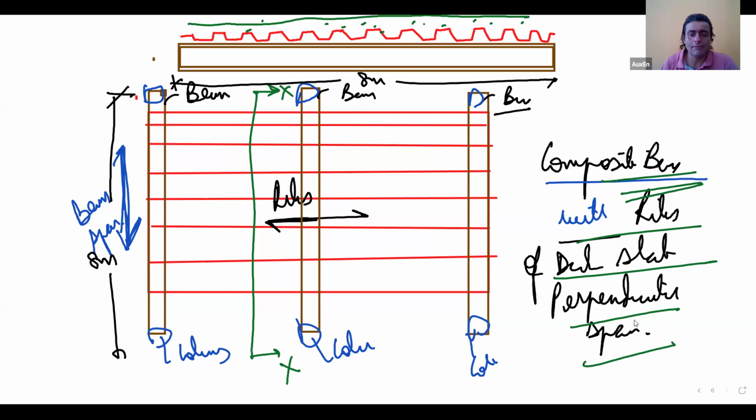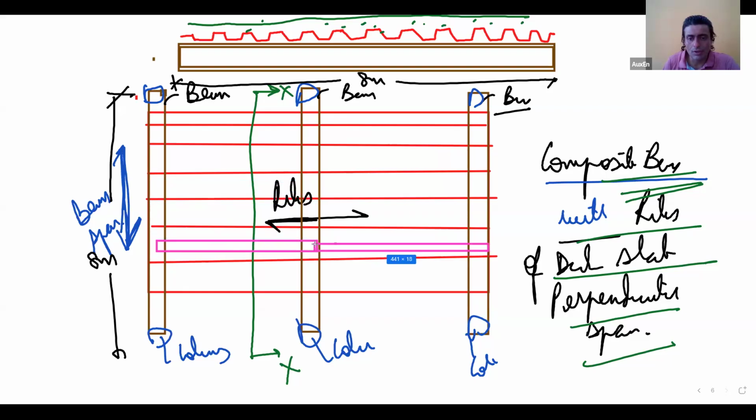If I were to have a beam over here, let's say connected to the trough of the deck sheet, this pink line that I'm drawing.